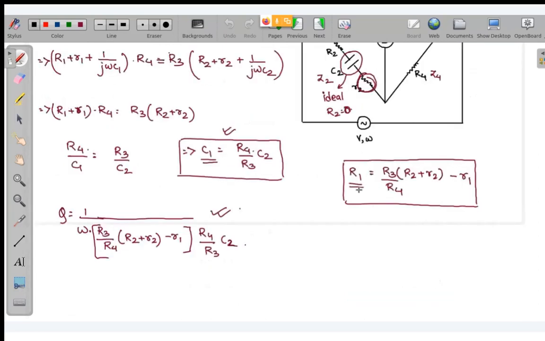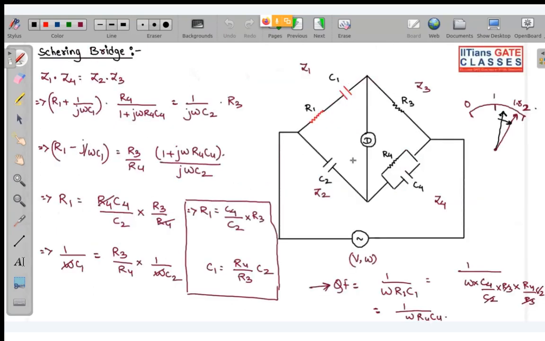In Desauty and modified Desauty, the problem was that the response was slower, because a lot of resistance is involved. Whereas in the Schering bridge, we don't have that much resistance involved. Directly, if we manipulate this R4 and C4, we can get the value of R1 and C1. So that is why we are using the Schering bridge. Tell me, is it clear now?